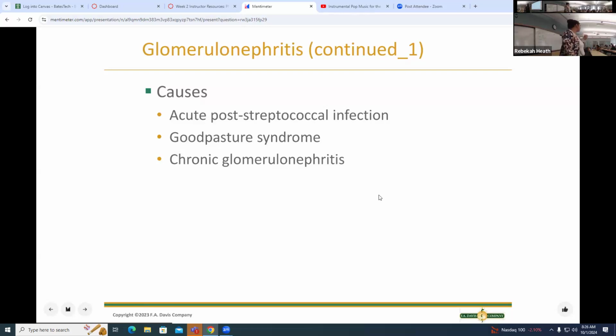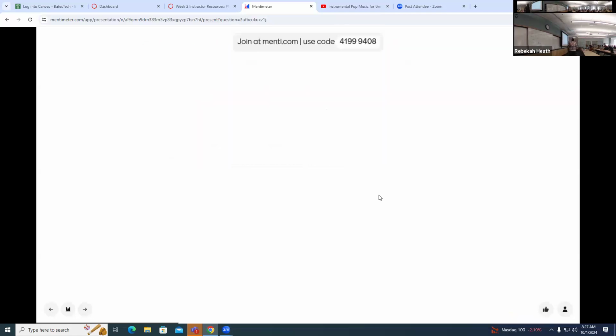That's an autoimmune disease where patients can end up getting glomerulonephritis because the body is attacking itself essentially. Or sometimes patients can have glomerulonephritis from something, and then it just ends up being a recurring, chronic thing you have to deal with. So it becomes chronic from glomerulonephritis.